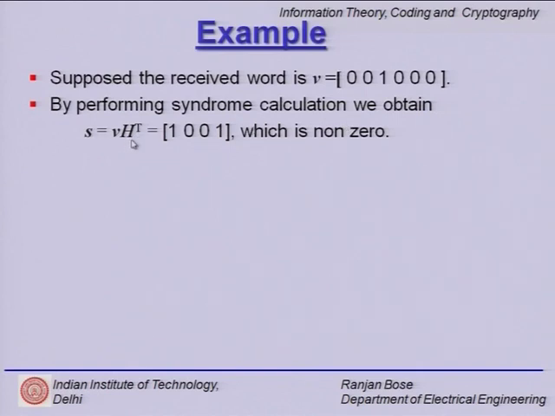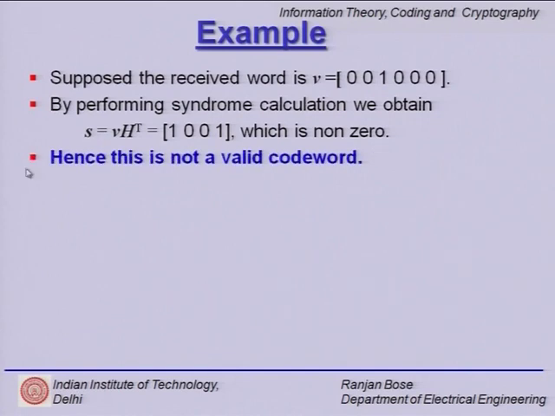I quickly take my H matrix and I perform nu H transpose and I get 1 0 0 1, which is a non-zero. So, clearly I declare that this received vector nu is not a valid code word. But then what is that code word which resulted in this error? I need to do the correct decoding. Let us do this bit flipping algorithm for this LDPC codes to do so.